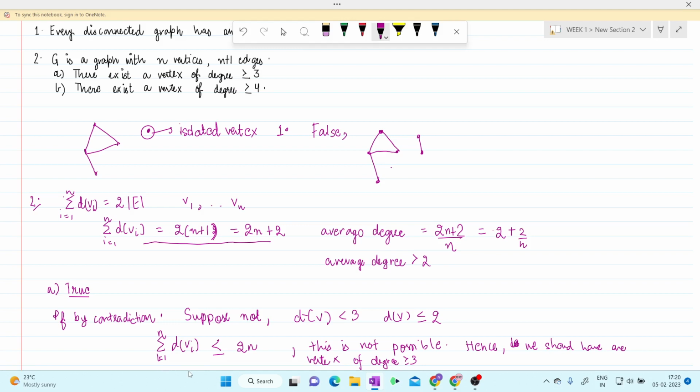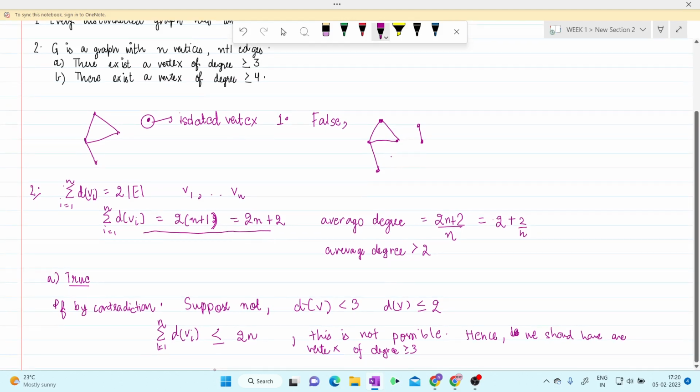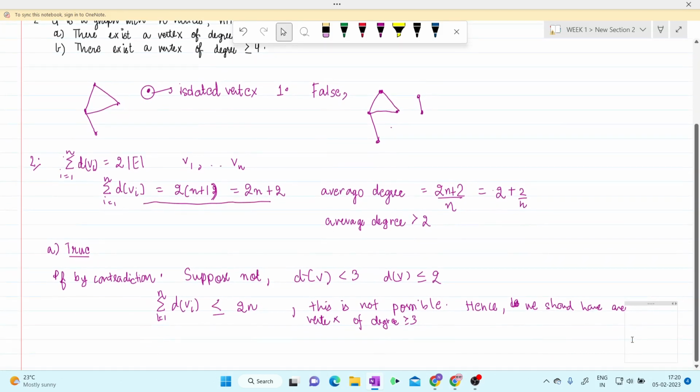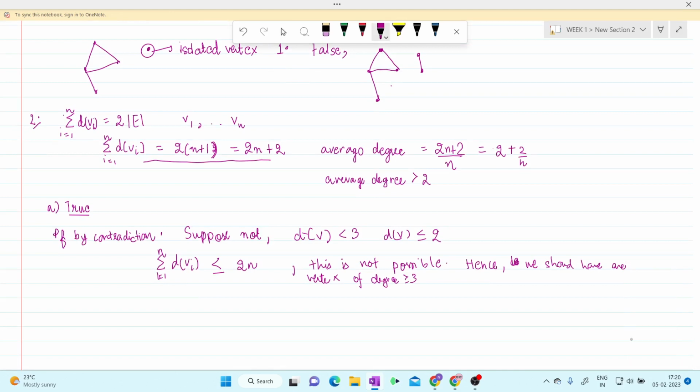So this can't happen, and our assumption was wrong. Therefore, we should have at least one vertex of degree greater than or equal to 3. Is this clear, the first part? Yes, ma'am. Okay.